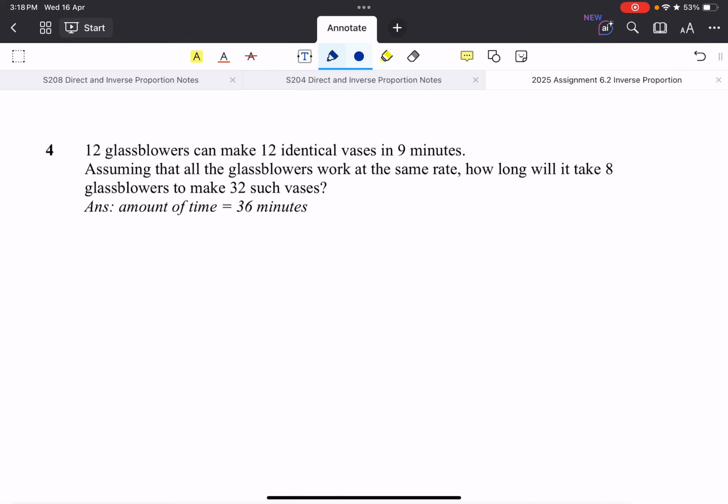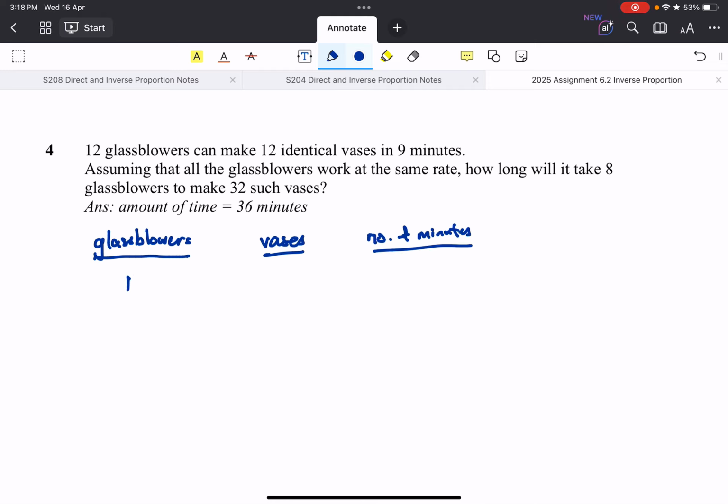Right, 12 glass blowers can make 12 identical glass vases in 9 minutes. Assuming that all glass blowers work at the same rate, how long will it take 8 glass blowers to make 32 such vases? Here we have a really interesting scenario because there are 3 items at work. We have glass blowers, we have the number of vases, and we have time, the number of minutes.